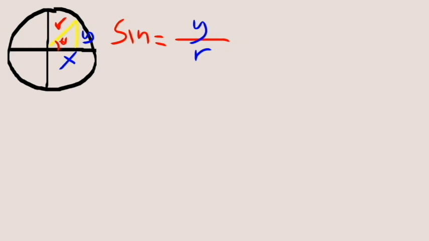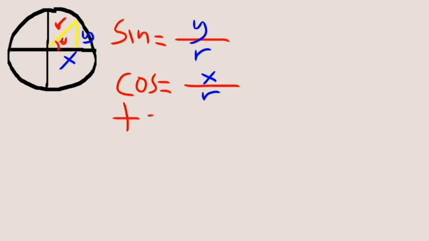Next is cosine. Cosine is adjacent over hypotenuse. Our adjacent is x based on the given angle in the right triangle, and our hypotenuse is r, the longest side. Next is tangent. For tangent, what is tangent?